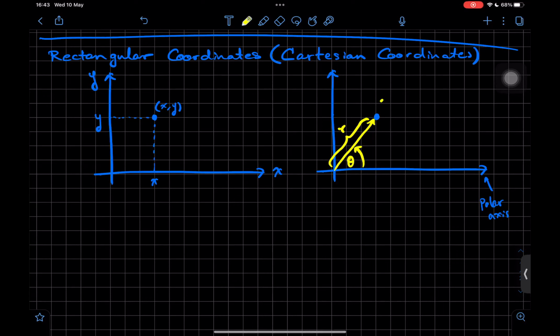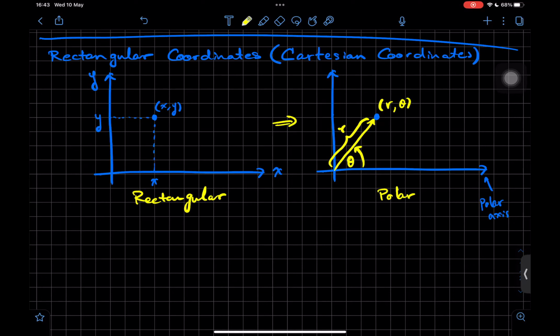Okay, so you get the coordinates r and theta like this. Okay, this one is the polar. This one is the rectangular. You can see that these two ways of giving the coordinates give you the same point, but with a different approach.